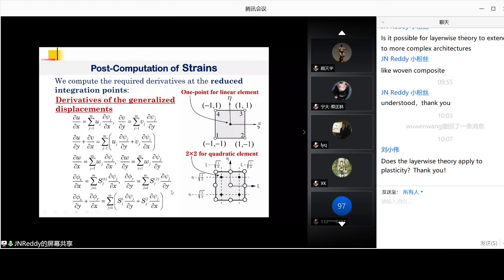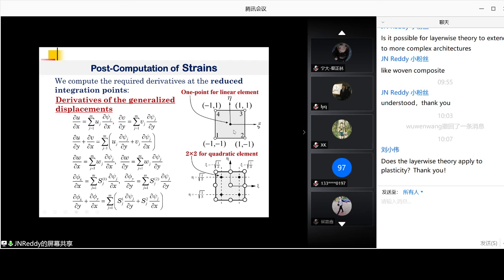Okay, so the other thing that I think most of you should know is our interest in structural mechanics is to determine the strains and stresses after the finite element solution is obtained. So we go through this exercise of computing the derivatives of the various terms which are needed in the computation of stresses.